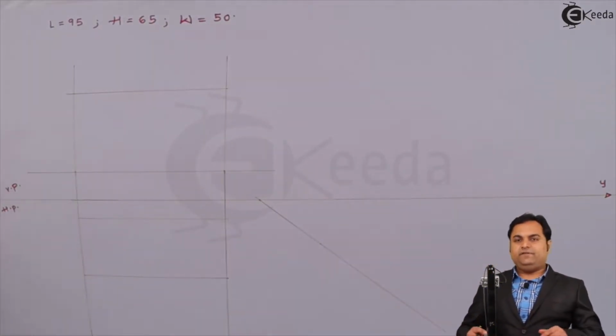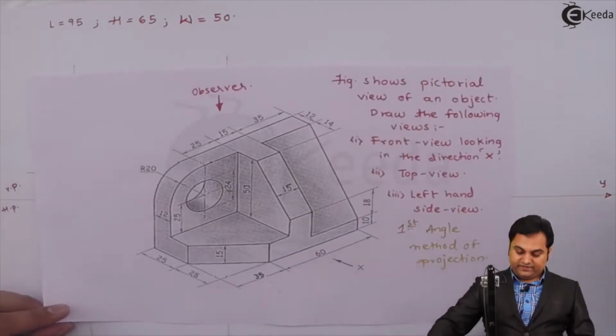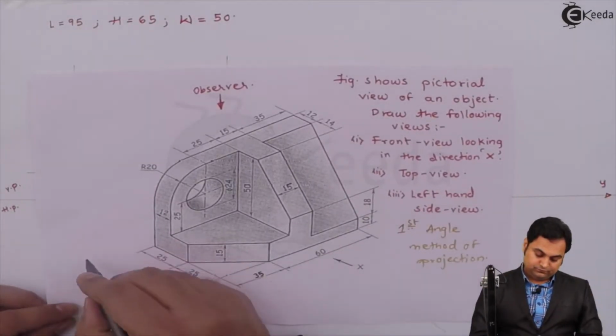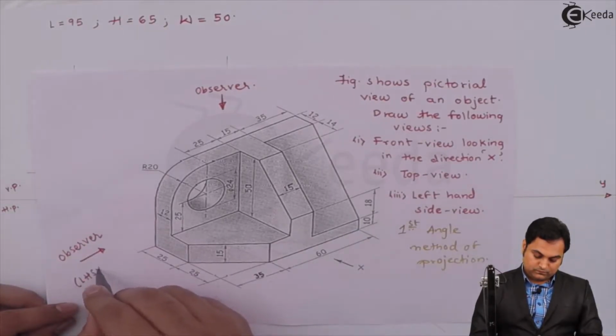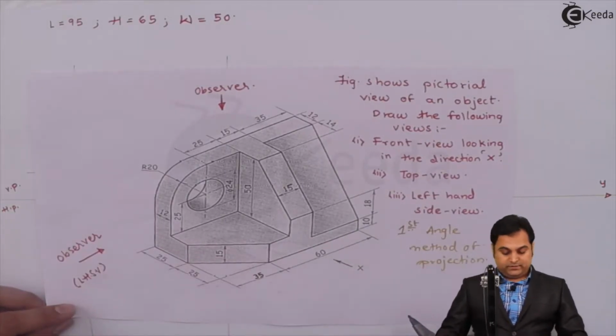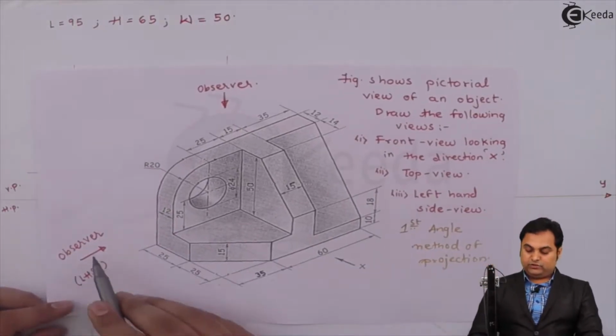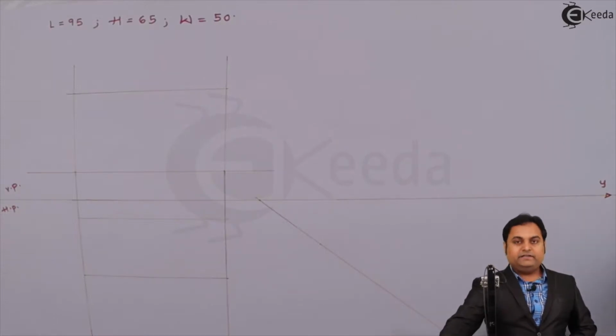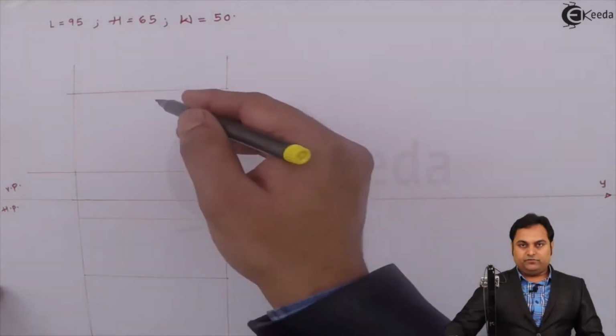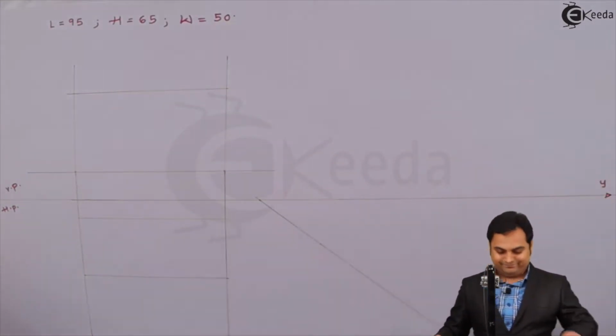Now in case of side view, when we are looking from left hand side as an observer, from the side the length of the object is not visible, but width and height is visible. So height can be projected directly from the front view and width from the top view.